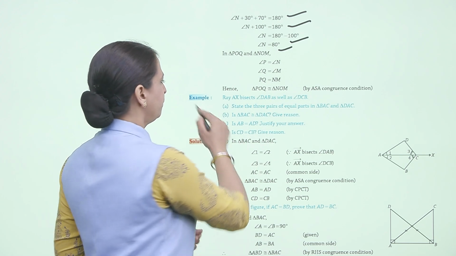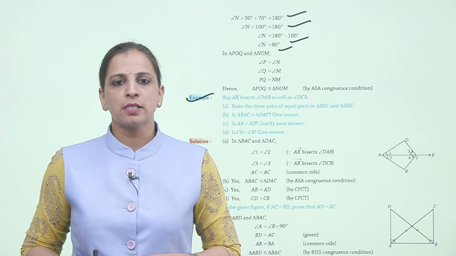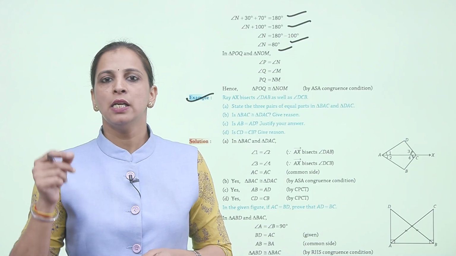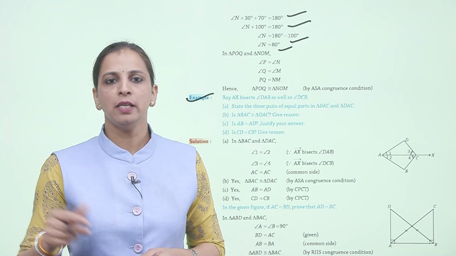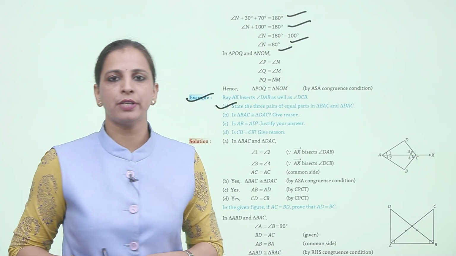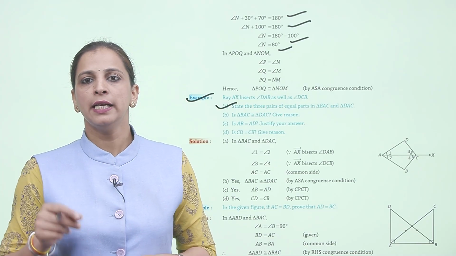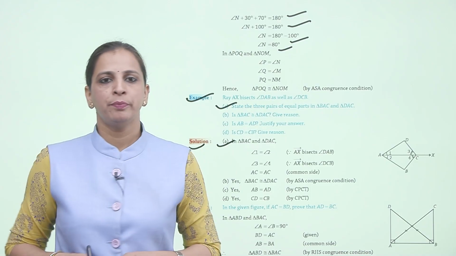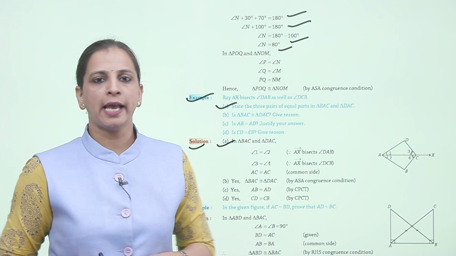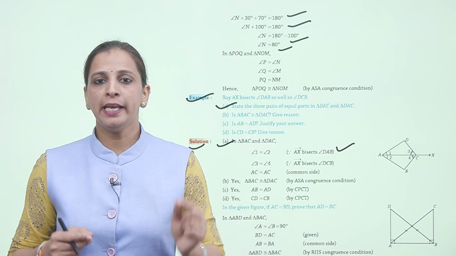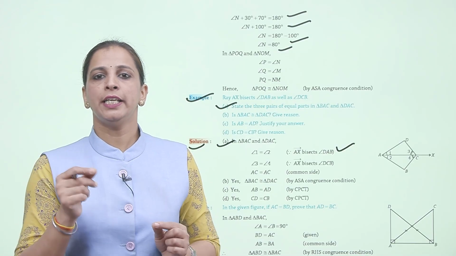Now next example. Ray AX bisects angle DAB as well as DCB. A. State the three pairs of equal parts in triangle BAC and triangle DAC. Let's do the solution of this. In triangle BAC and DAC, angle 1 is equal to angle 2 as ray AX bisects angle DAB.